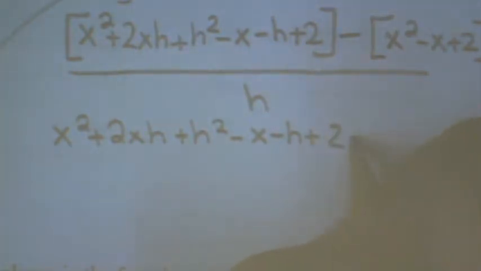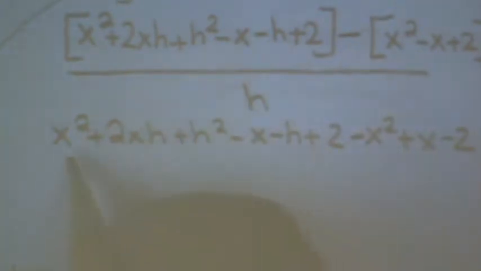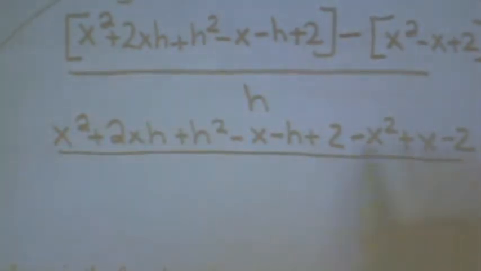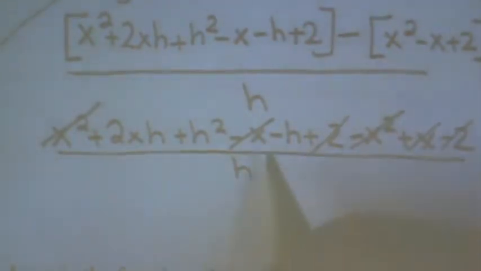Then what? Minus x squared plus x minus 2. What did I do? I distributed the negative. Now what else are you going to do? Combine like terms. The x squareds cancel. What else cancels? This x and the 2's. So what's left? I see this, and that. That's it. So we have 2xh plus h squared minus h over h.